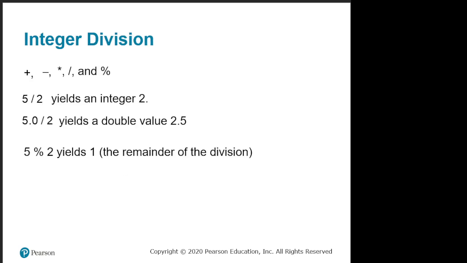So if we look at dividing 5 by 2, that will give you 2 in this first case because these were integers. In the second case, it'll give 2.5 because Java is reading the type as a double because the decimal was put in. If we do 5 modulo 2, that yields 1, or the remainder.